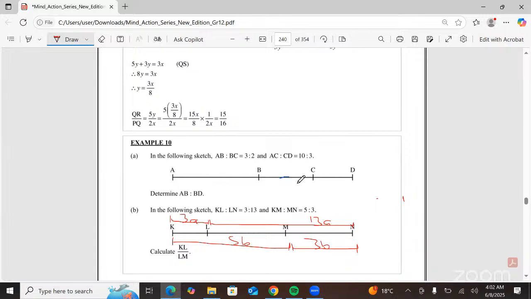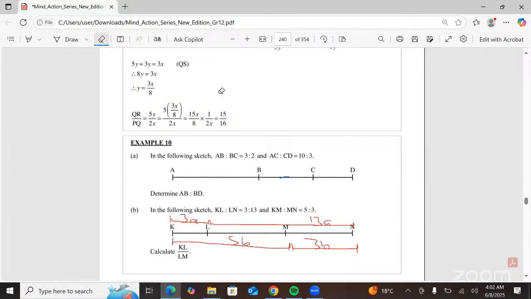I'm still looking. So I don't know if I use the whole line, like KN is equal to KN.